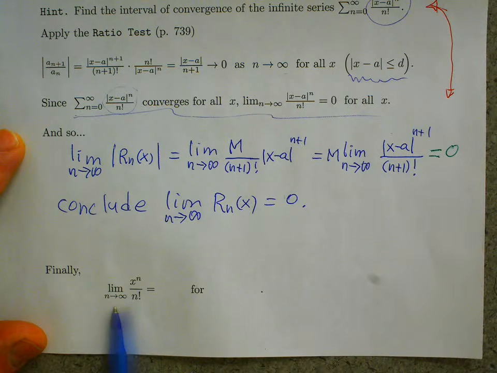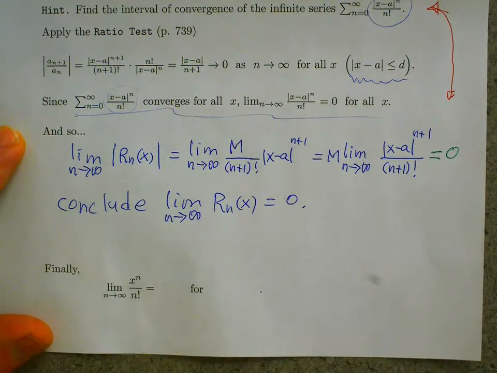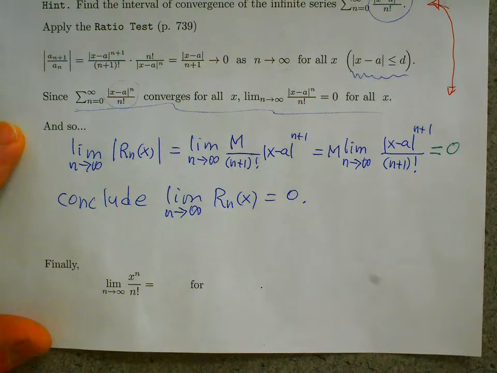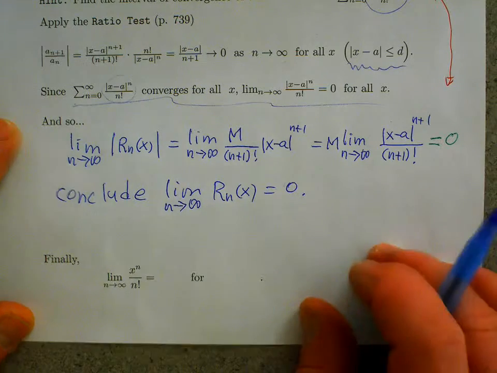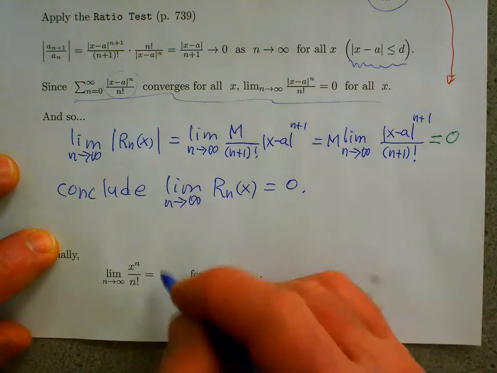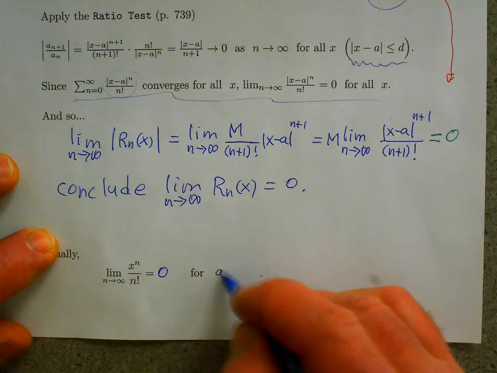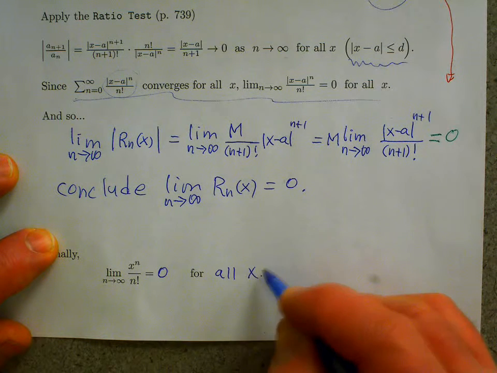So the limit of x to the n over n factorial as n approaches infinity is equal to 0 for all real numbers x.